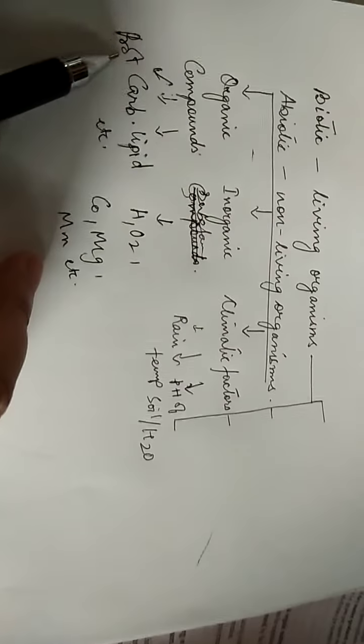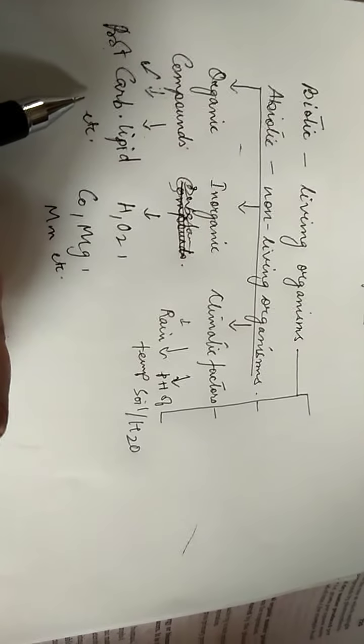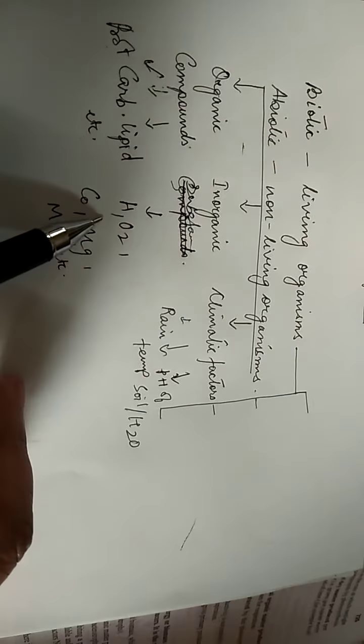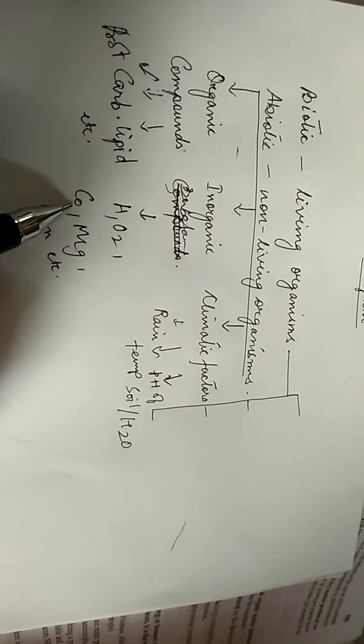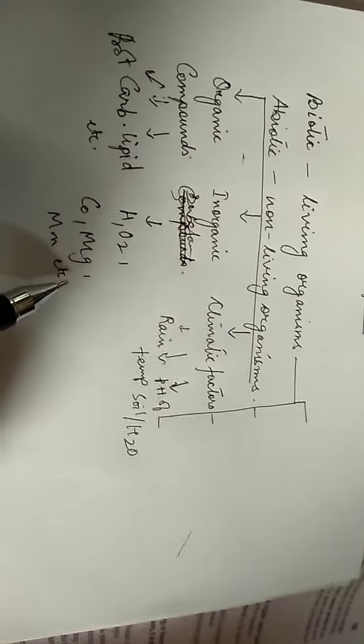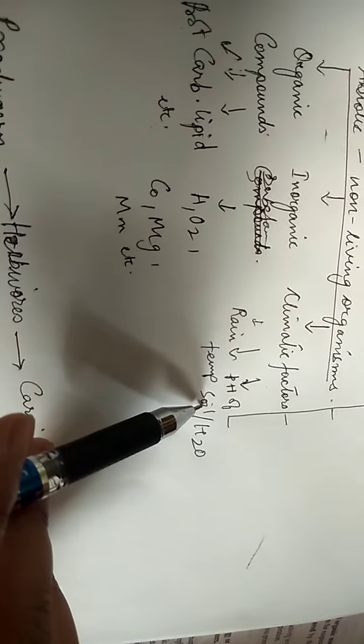Organic substances comprise protein, carbohydrate, lipid, fatty acids, vitamins, etc. Whereas inorganic substances comprise hydrogen, oxygen, water, carbon monoxide, cobalt, magnesium, manganese, sulfur, phosphorus, potassium, etc. Climatic factors include rain, temperature, pH of the soil, etc.